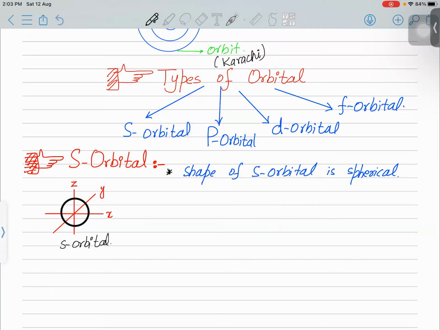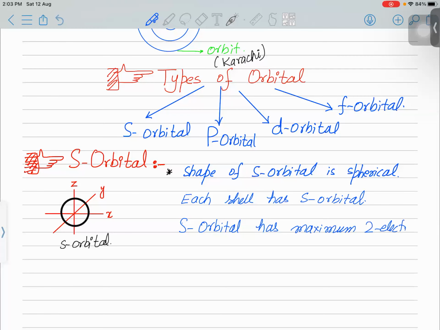Next point. Each shell has an s orbital. Next, s orbital has a maximum of 2 electrons.